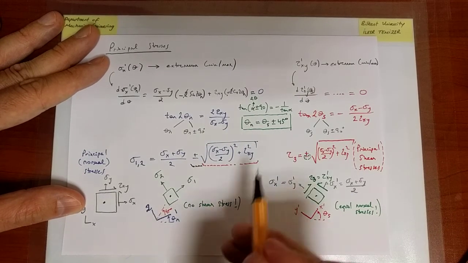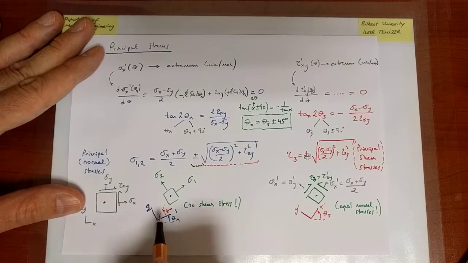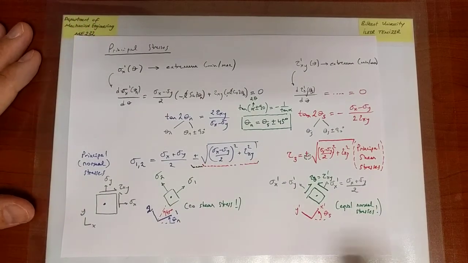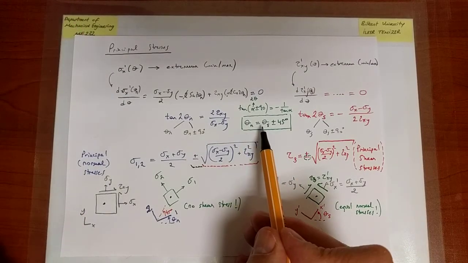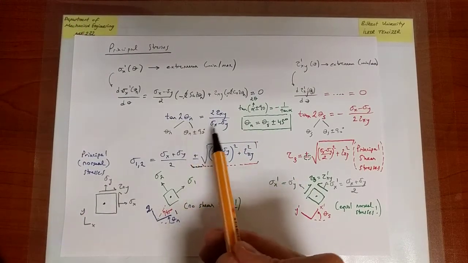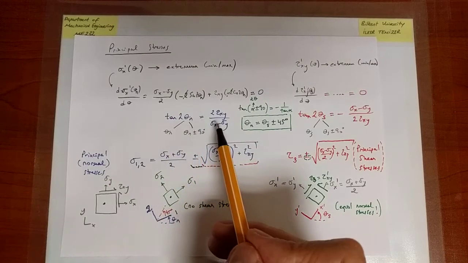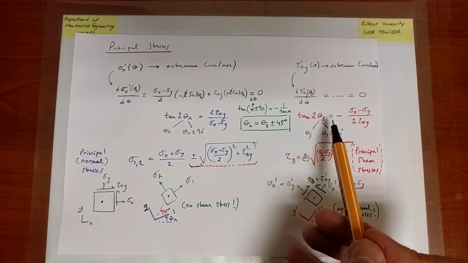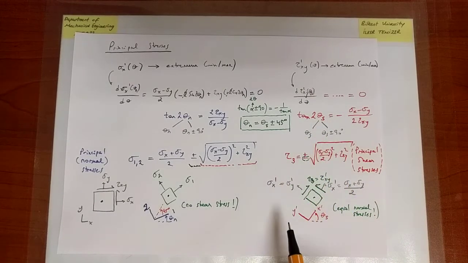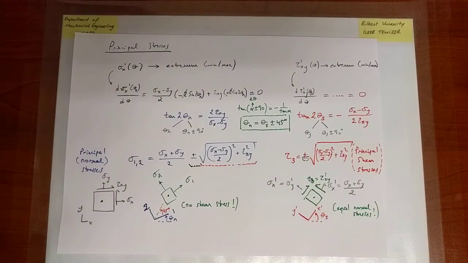That's what this is implying. Or I can rotate by 45 in the other direction. That's just as well. That's what that relation is implying to us. That's also a useful relation, because in order to calculate these principal directions, I have to do some math. I don't have to do the same math again for theta. It's a trivial, small additional amount of calculation, but still, I don't really have to do it.